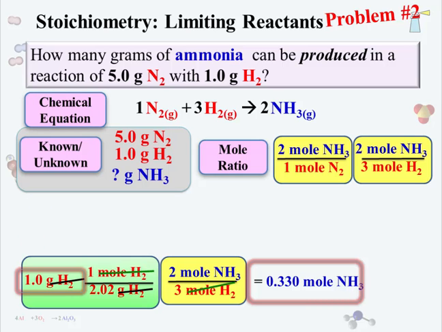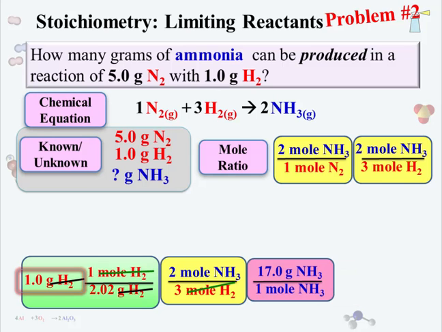Still not quite done with the problem, though. It asks for ammonia in grams, but what we now have is ammonia in moles. What conversion factor converts from moles of ammonia into grams of ammonia?